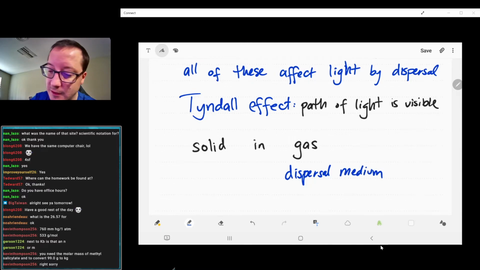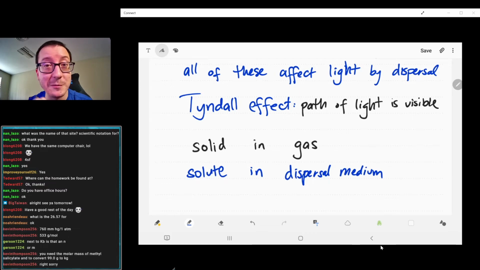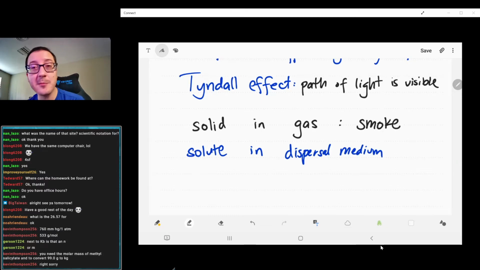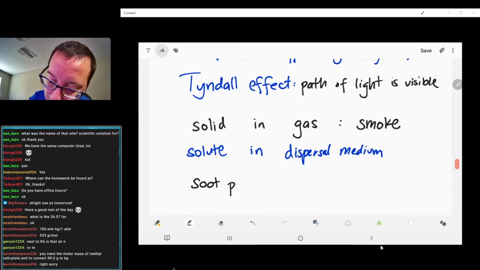We can still call this a solute if we want, but we would have the larger component be our dispersal medium, because these aren't really dissolving necessarily. So for example, a solid in a gas would be something like smoke. So smoke would be a colloid where we have solid particles that are dispersed in air, which is a gas. And so that would be, for example, soot particles dispersed in air.